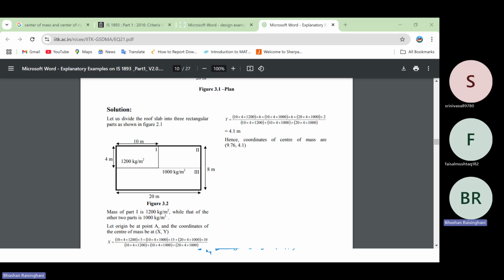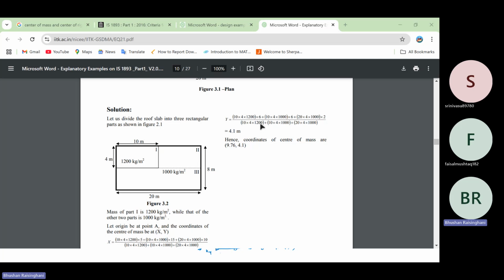This is your M2, and this is your M3. This is how they have estimated it. Now here you can see in Y1 also 10 into 4 into 1200, 10 into 4 into 1000. So this floor load is converted into kilonewton, right? And multiplied by the ordinate and divided by mass.